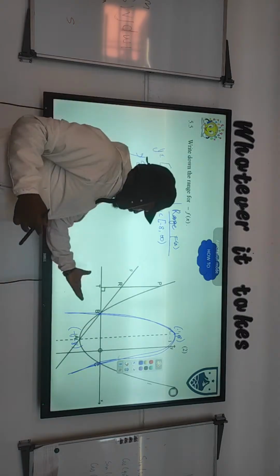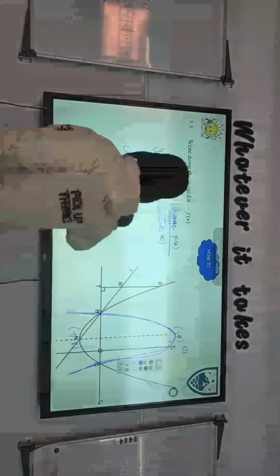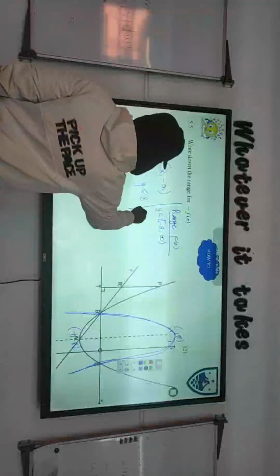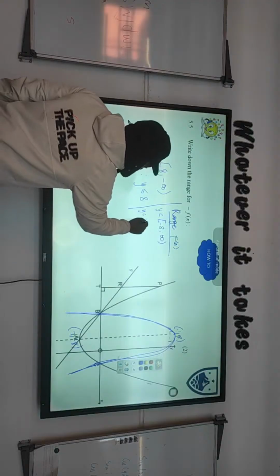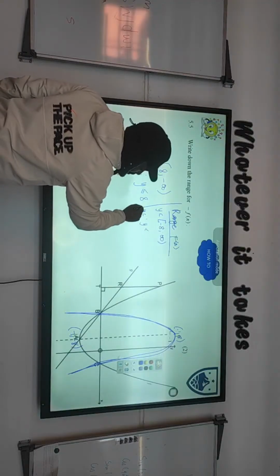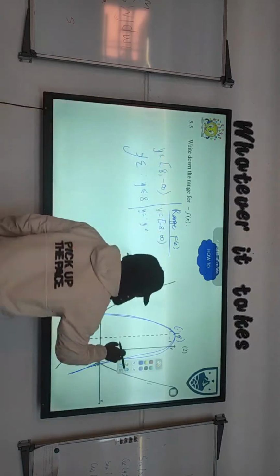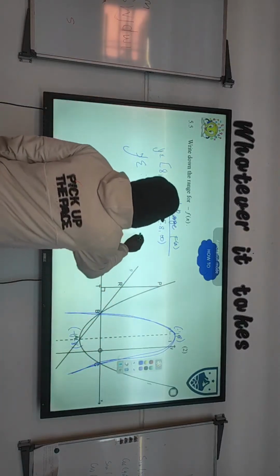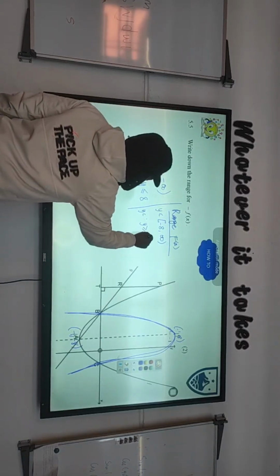Because the graph is actually concave up, it's going bigger and bigger. Or another way of writing it would be to say y is an element of, and then y must be greater than or equal to negative 8.